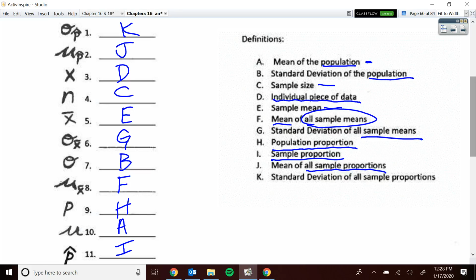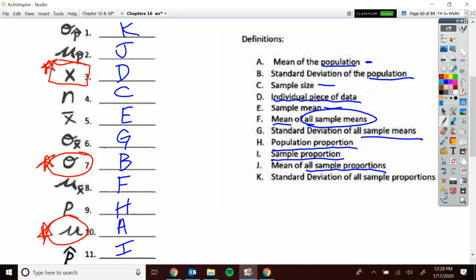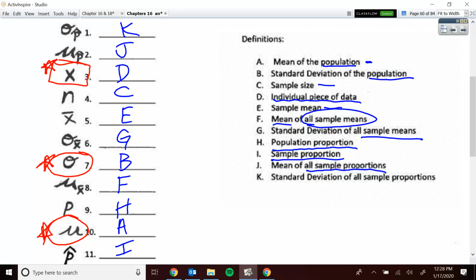Okay. So listen to me, people. The idea is you have got to know in your brain that these individual pieces of data have to do with the population. So these individual pieces of data go in the population. And how about this next one?